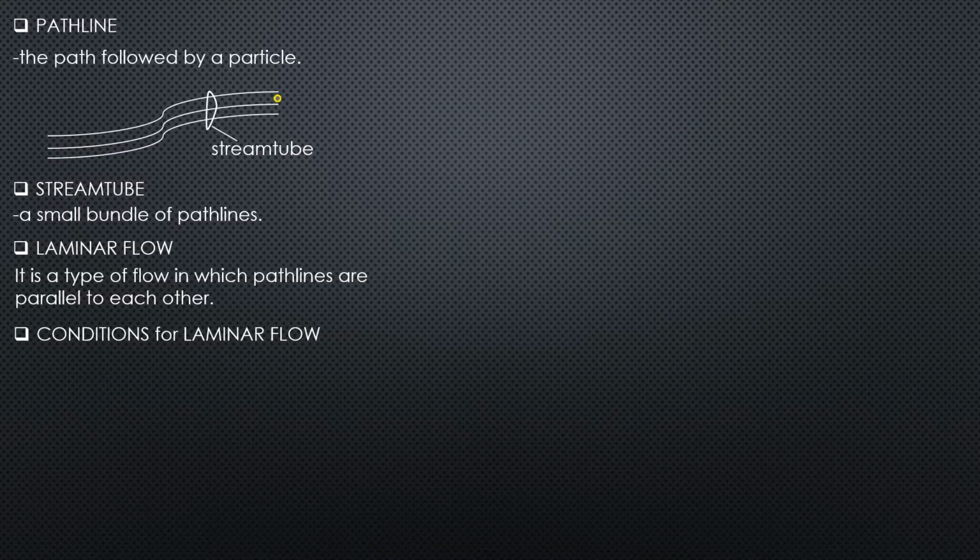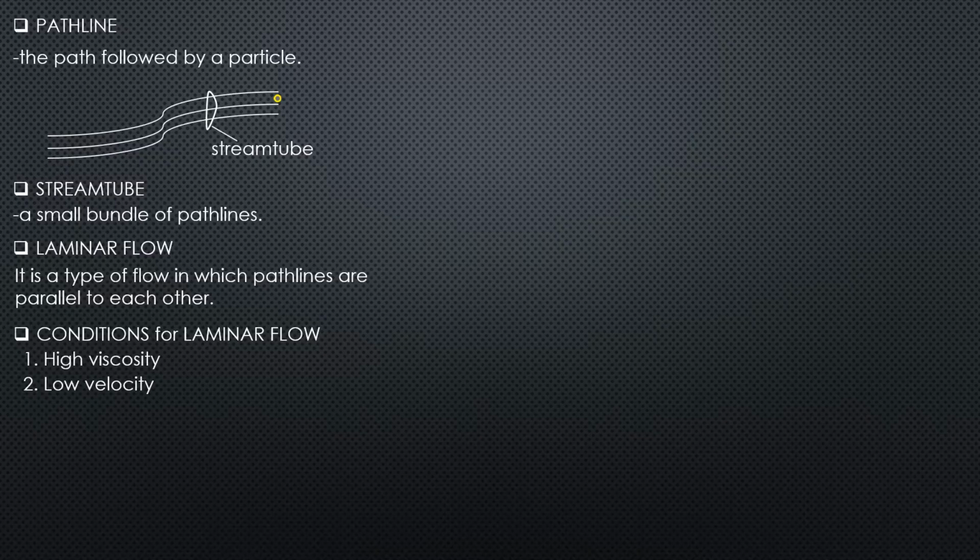Now, there are conditions for which laminar flow can be expected, although this is very rare. One is high viscosity. If the viscosity is very high, then we expect that the flow is laminar because resistance to flow will be very, very high. Second is low velocity.